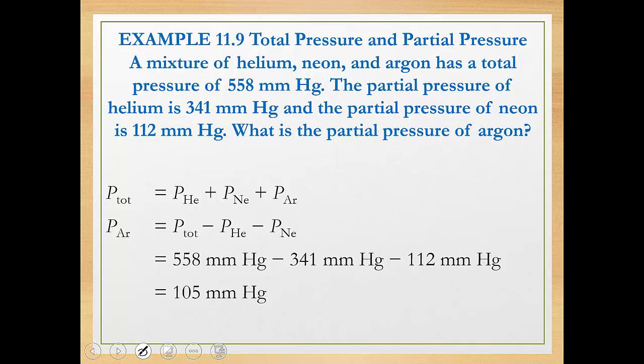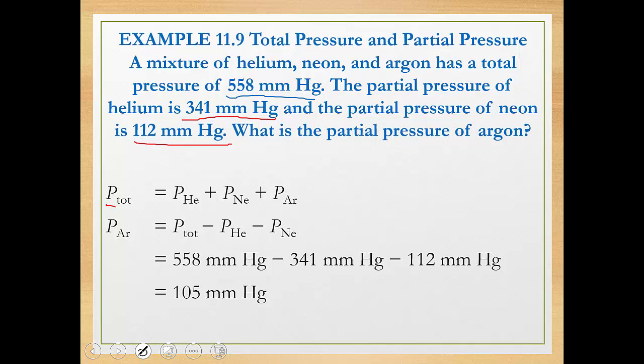In this example, a mixture of helium, neon, and argon has been put together, and it has a total pressure of 558 millimeters of mercury. The partial pressure of the helium is 341 millimeters, and neon is 112 millimeters of mercury. What is the partial pressure of the argon? It's very simple.